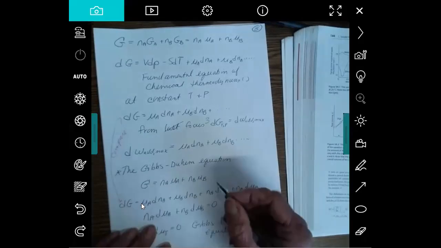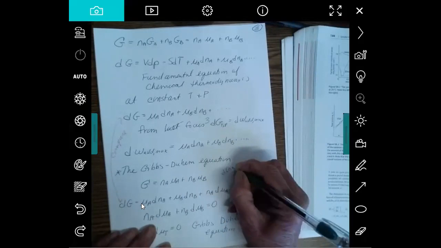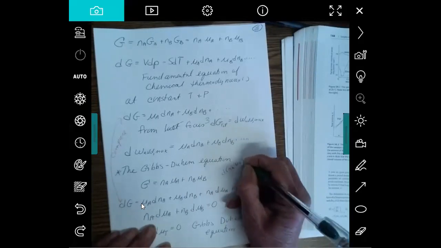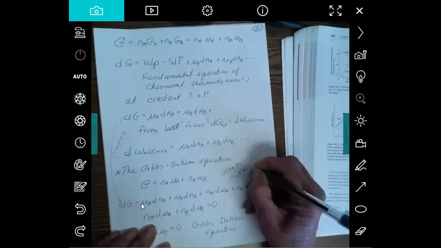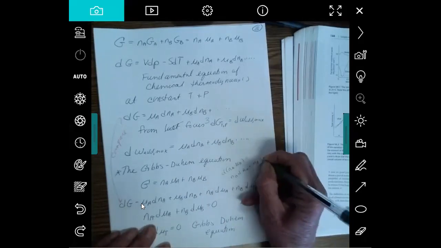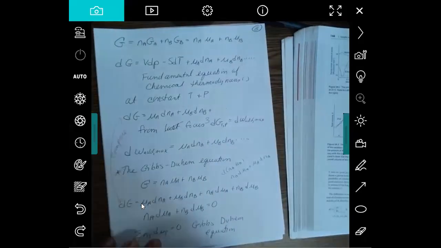So essentially we're taking each of these, d(NA mu A) is equal to NA d mu A plus mu A dNA. I think you can see that okay.